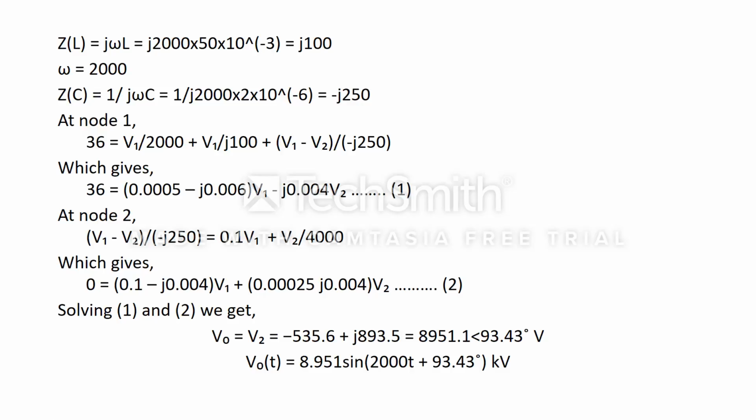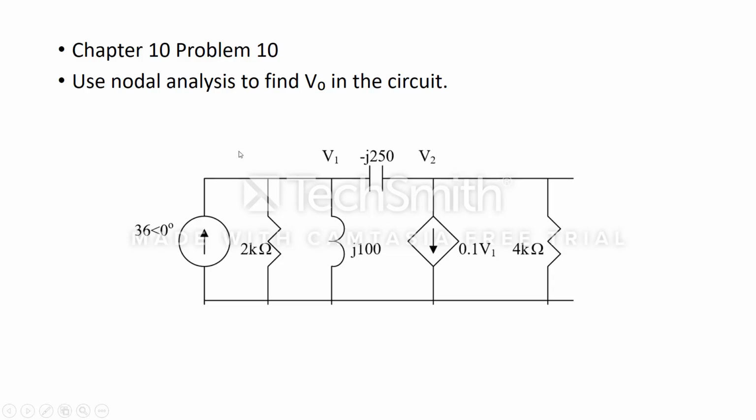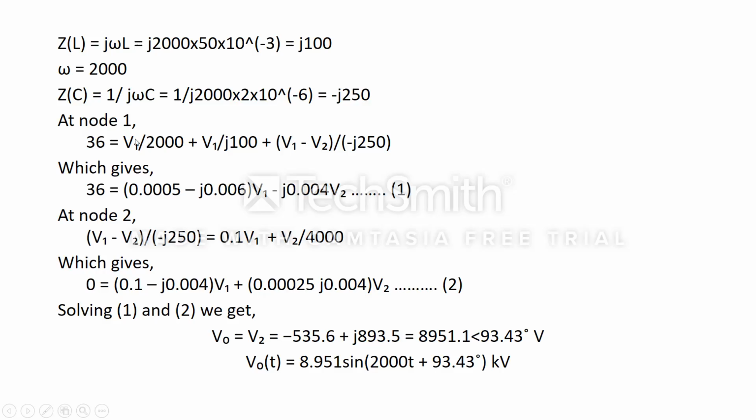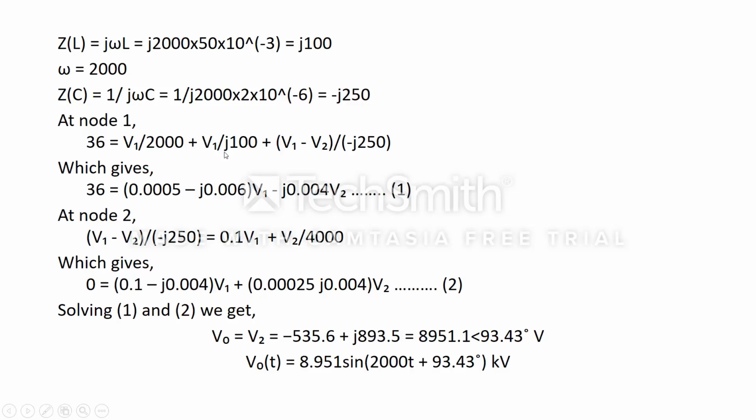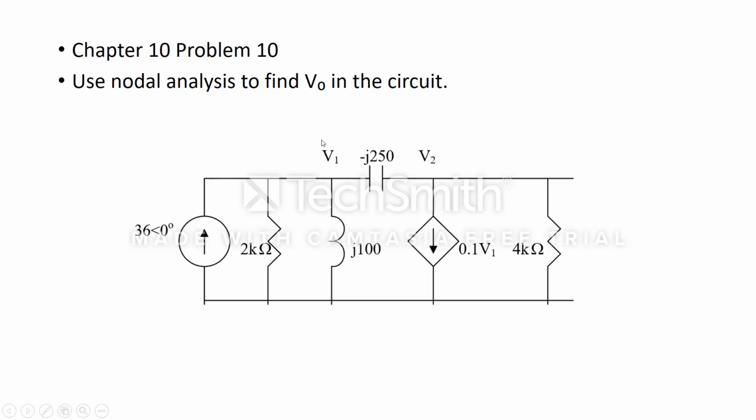Considering the nodes right now, at node 1, which is this node, we get 36 equals V1 divided by 2000, that is 2k, plus V1 divided by j100 over here.